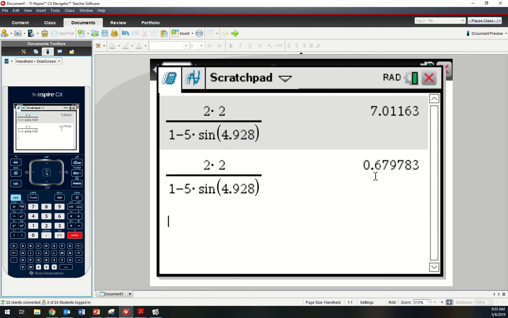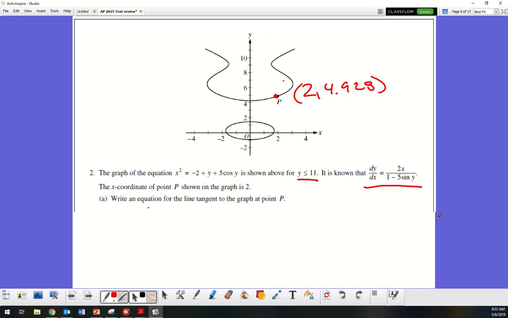There we go. So my slope is going to be 0.67679, and this next 7 is going to make that 9 become a 10, right? So then it's going to be 0.680. So my slope, m, is equal to 0.680, right?